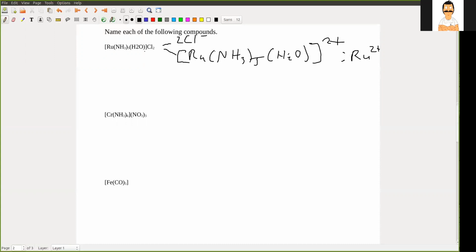So in this case, we want to make sure we use the proper prefix for each of the ligands. So this one would be pentamine. And yes, there are 2 A's. So that's 5 amines.